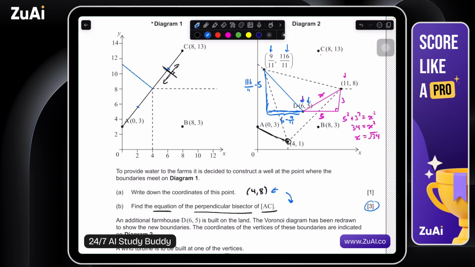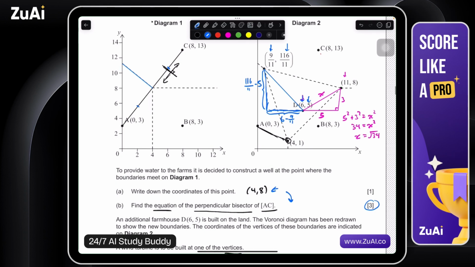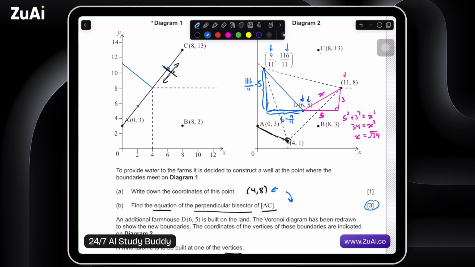Potentially we could put this into a calculator and write this out as a decimal, and that would be okay. Actually, that's exactly what I'm going to do. 6 minus 9/11, square that value.